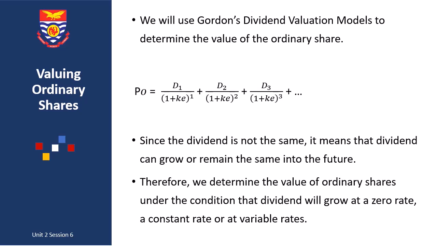So let's read the point 2 here. Since the dividend is not the same, it means that dividend will grow or remain the same in the future. Therefore, we determine the value of ordinary shares under the condition that the dividends will grow at a constant rate or at a variable rate.